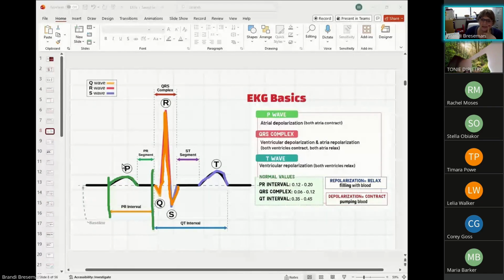That's how I'm going to get my time. I'm going to see how many boxes there are. Okay. Normal PR interval is 0.12 to 0.2 seconds. Everyone see that?